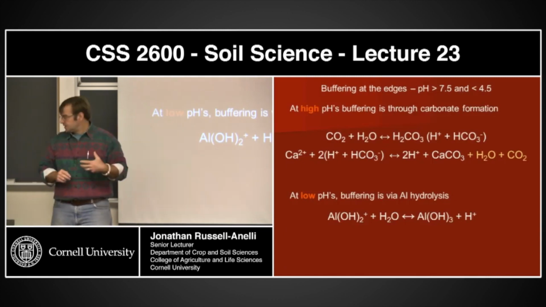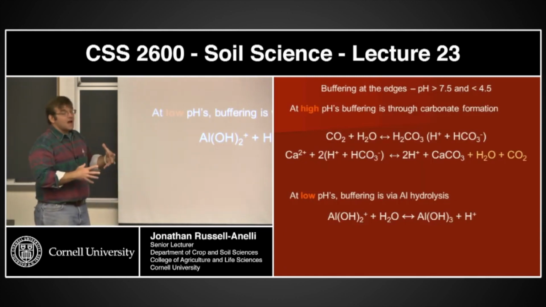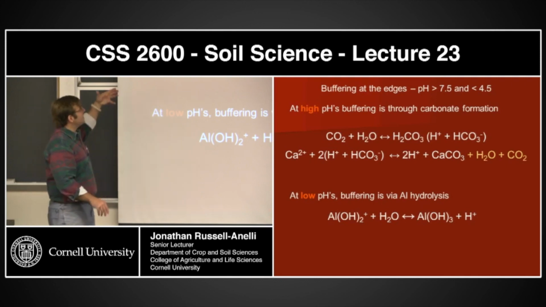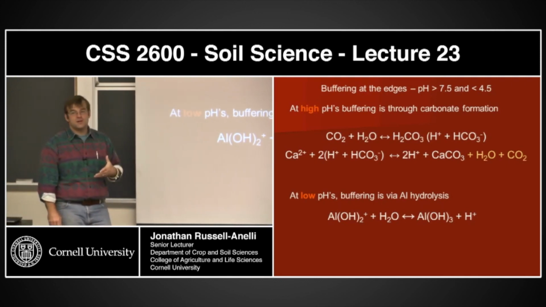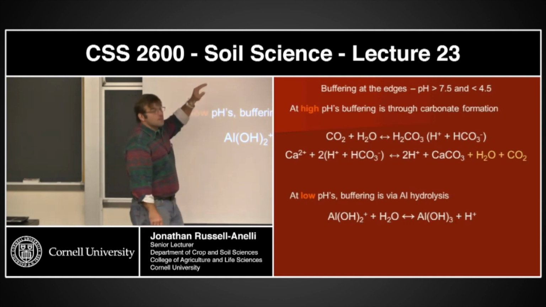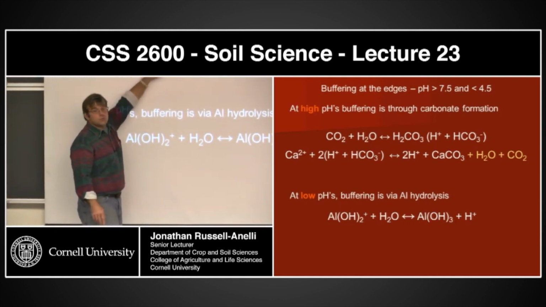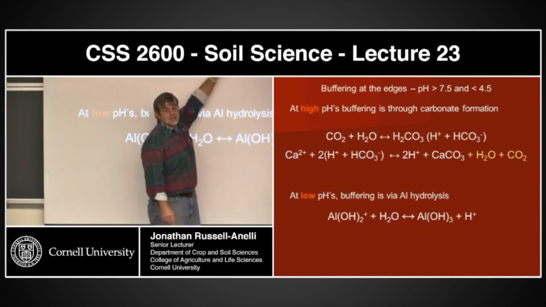Buffering at the edges, basically we're looking at buffering at higher than 7.5 and buffering at lower than 4.5. There's two different reactions that are associated with them. At the high end, it's basically a calcium carbonate reaction. Now remember this reaction because this is the reaction of water. We're going to take a first step. CO2 with water basically makes carbonic acid.